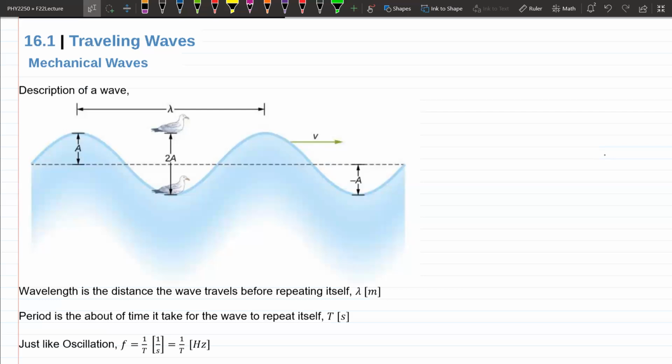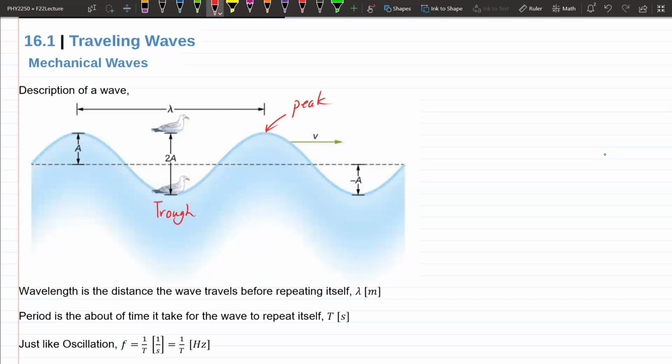So when the seagull is on the bottom, this is known as the trough of the wave. It's kind of a weird word. I think it's like when you feed animals, they eat out of the trough, right? When it's on the bottom, it's at the trough of the wave. When the seagull is on the top, it's known as the peak of the wave.